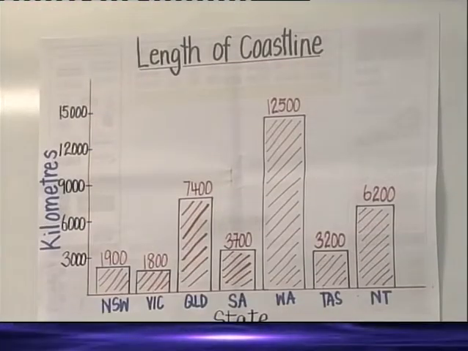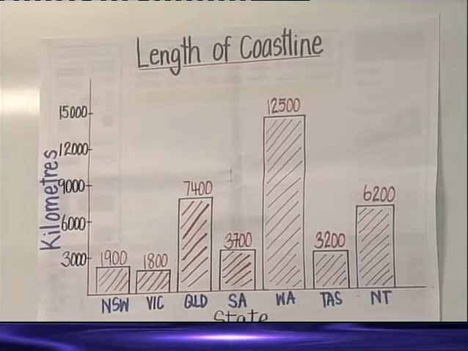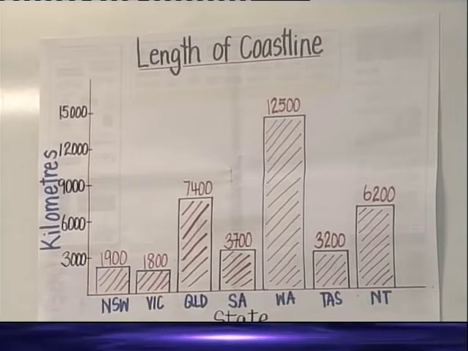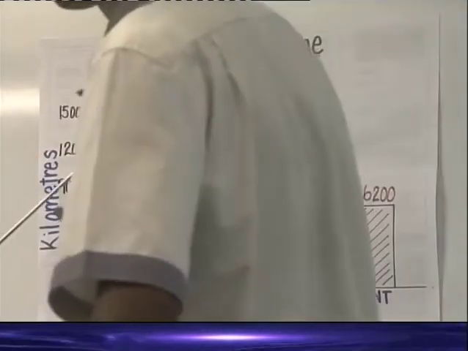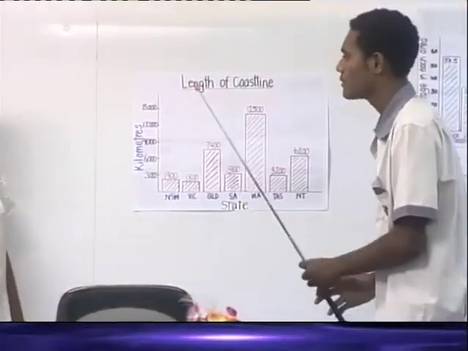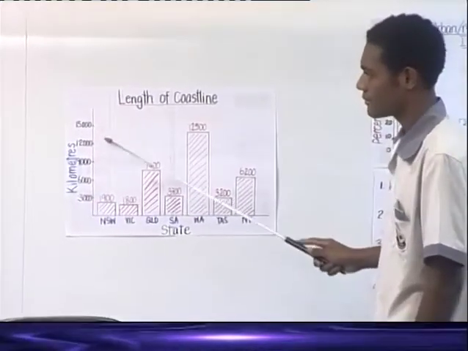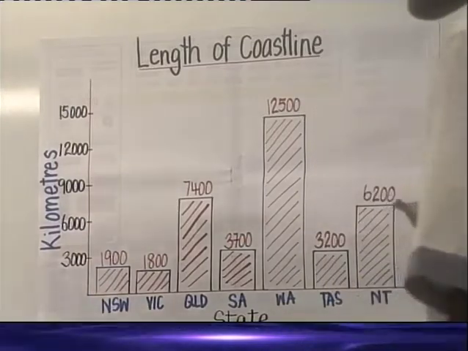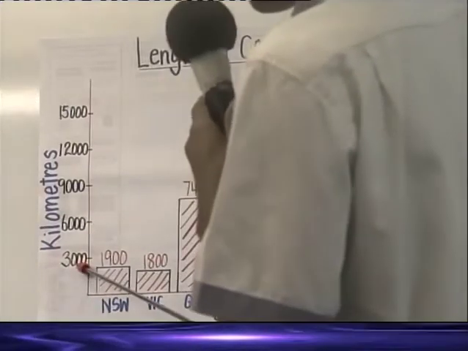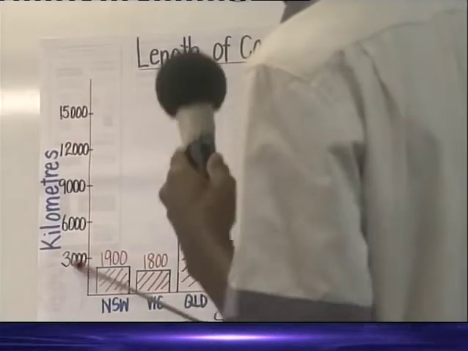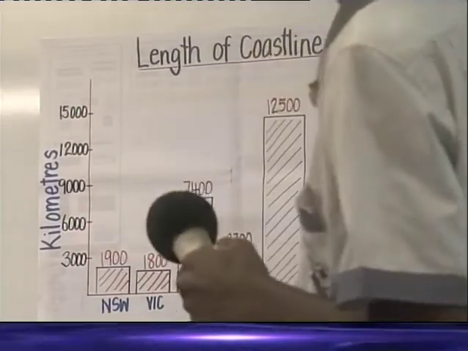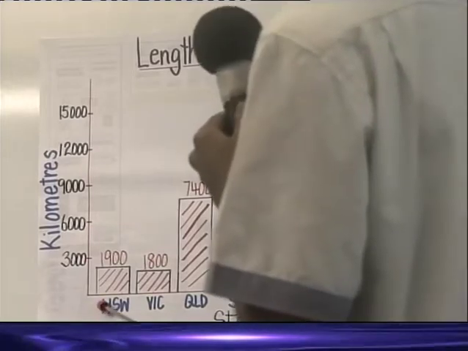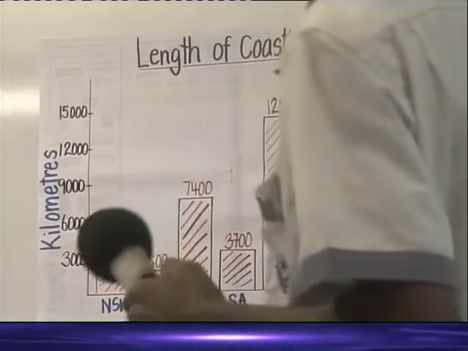What is on the horizontal and vertical line, the scale. Just point out. For the vertical? The vertical line consists of the scale. The scale. Uh-huh. And the horizontal? Horizontal is the states. Okay, thank you, Charlie.